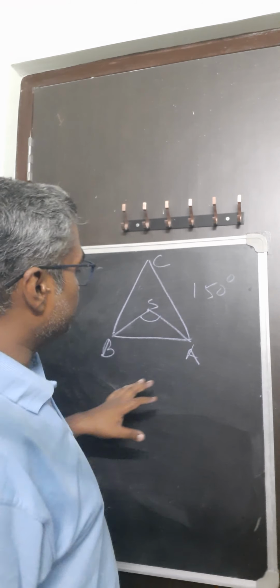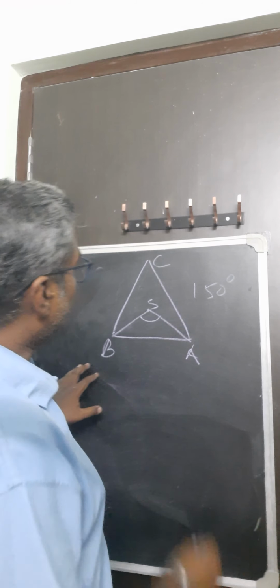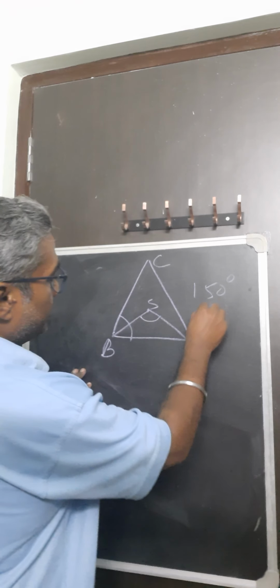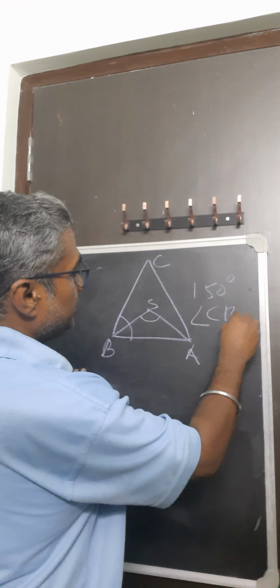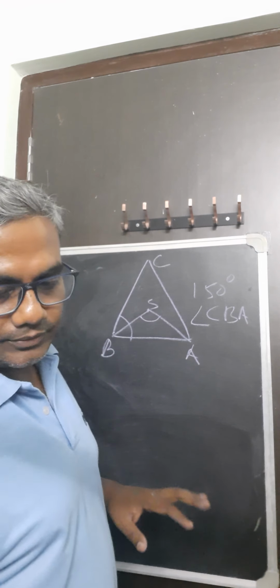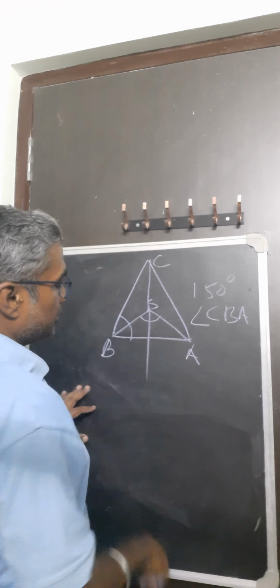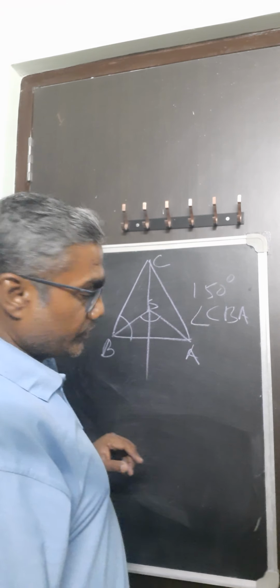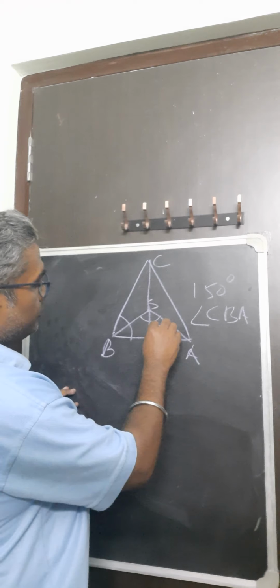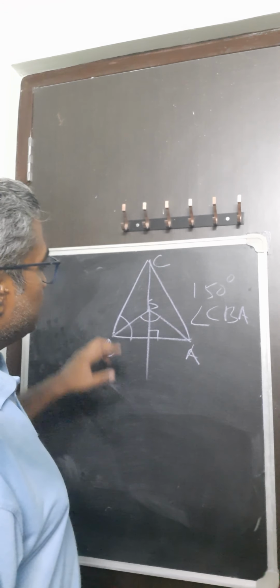This is the condition given, and we have to find the angle CBA. So if I draw this C and join with S and extend it to the third arm, you would find that it would be 90 degrees.